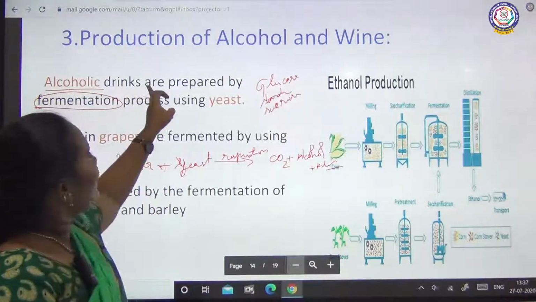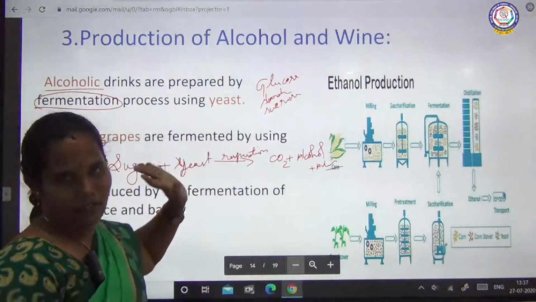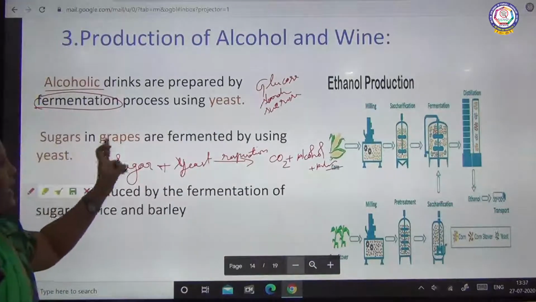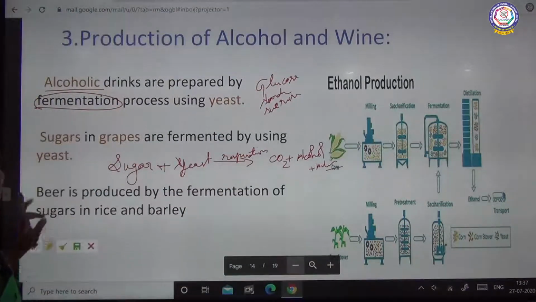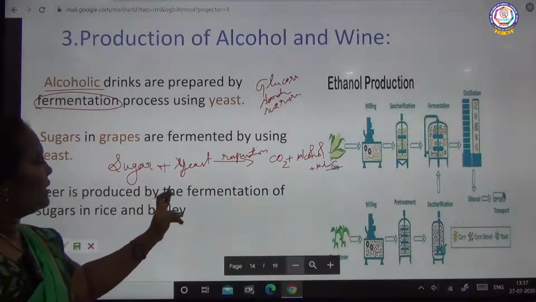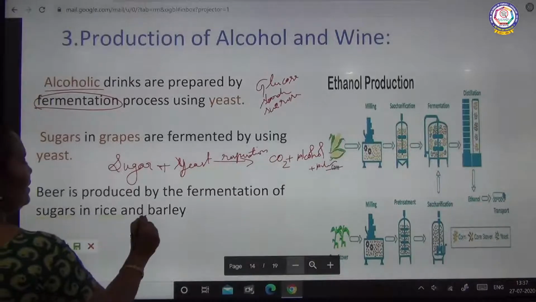Alcoholic drinks are prepared by the fermentation process using yeast. Sugars in grapes are fermented using yeast. Beer is produced by the fermentation of sugars in rice and barley.